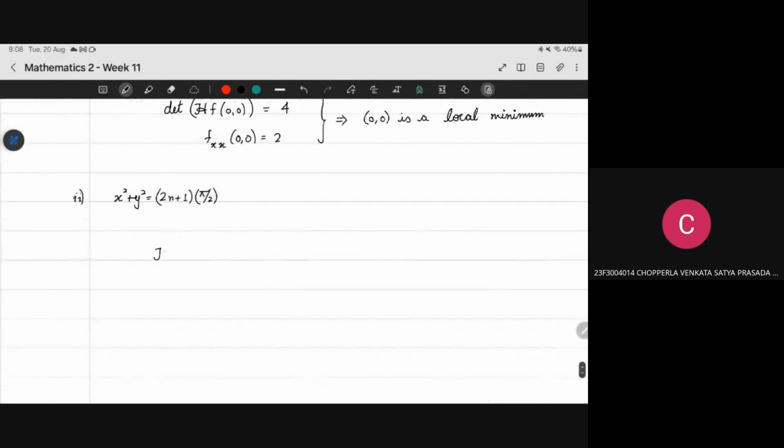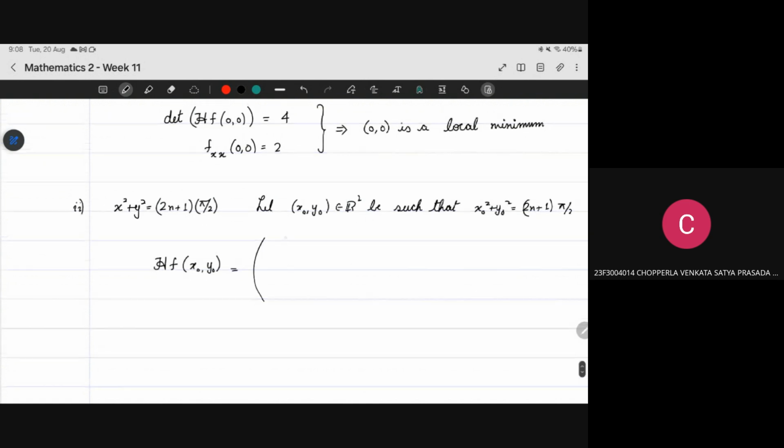So the Hessian of f at some x naught y naught, which satisfies this condition, the thing turns out to be 4x naught square minus 1 to the n plus 1, 4x naught y naught minus 1 to the n plus 1.